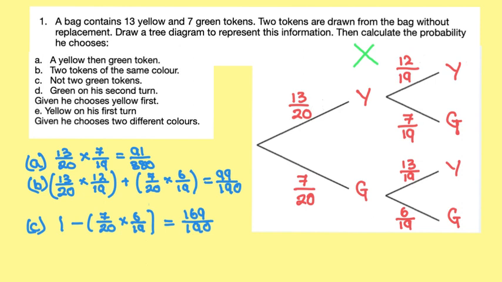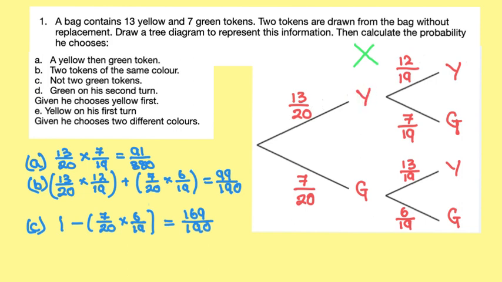D. Green on his second turn, given he chooses yellow first. This sounds difficult, but it's actually easier than you think. Yellow first has already happened, so we're already here. So that has already happened. We don't have to take that into account at all.